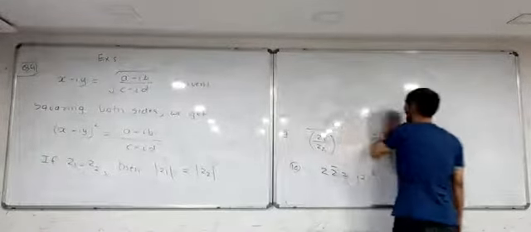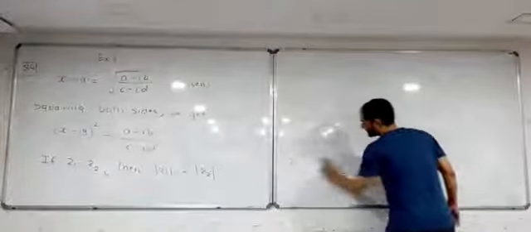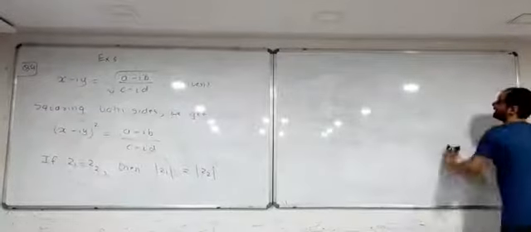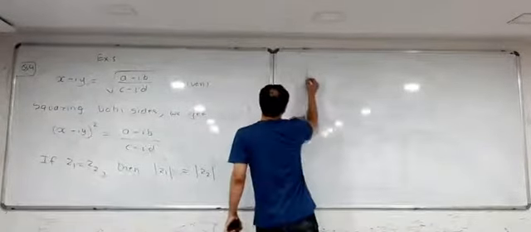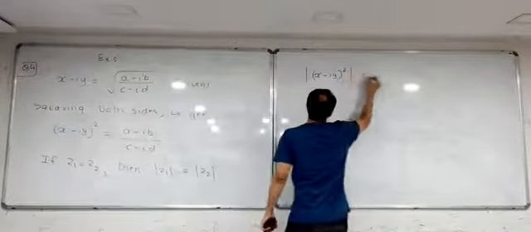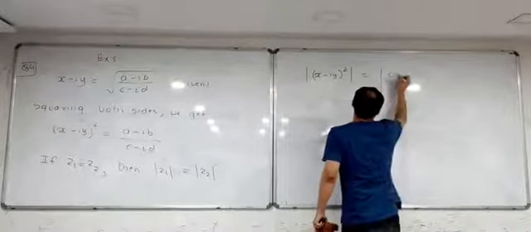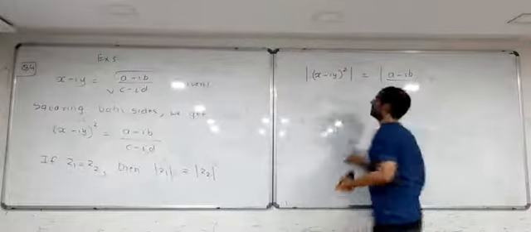So magnitude of x minus iy the whole square will be equal to magnitude of a minus ib upon c minus id.